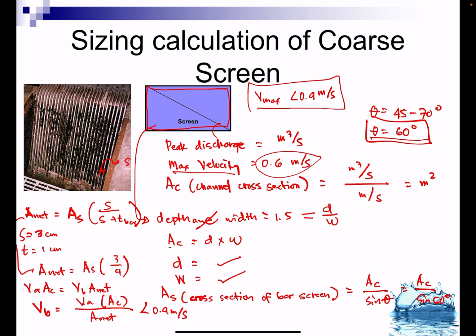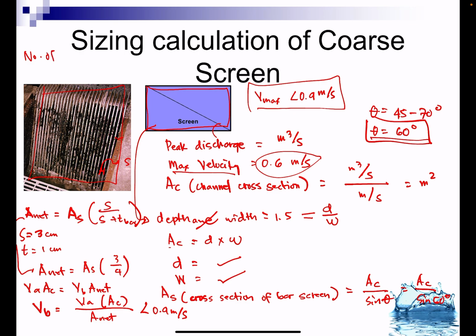You can now compute for the number of bars. You know the cross-sectional area, you know the thickness of each of the bars. You're now ready to compute for the number of bars needed.